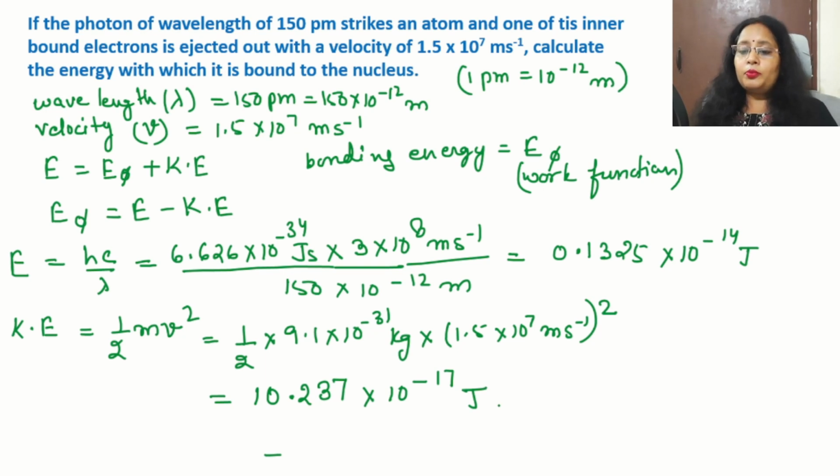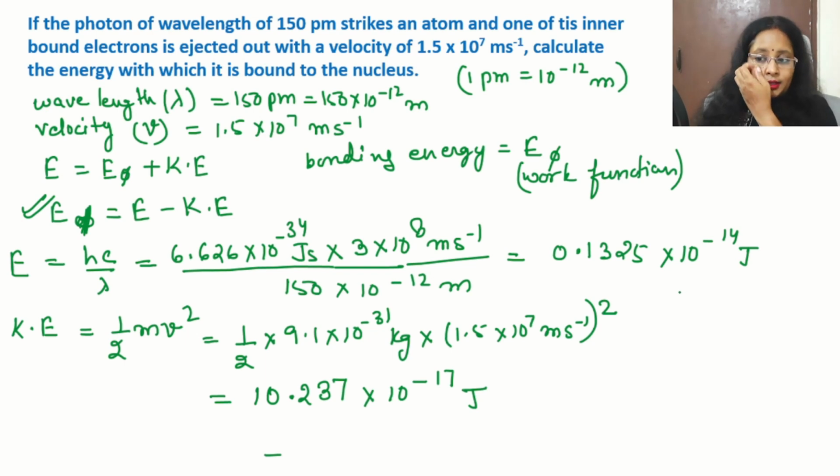Now we need to put these values in the equation E naught is equal to E minus kinetic energy. But to do subtraction, we need to make the powers equal. For energy, the power is 10 to the power minus 14, and for kinetic energy, it is 10 to the power minus 17. So we need to make the powers equal.